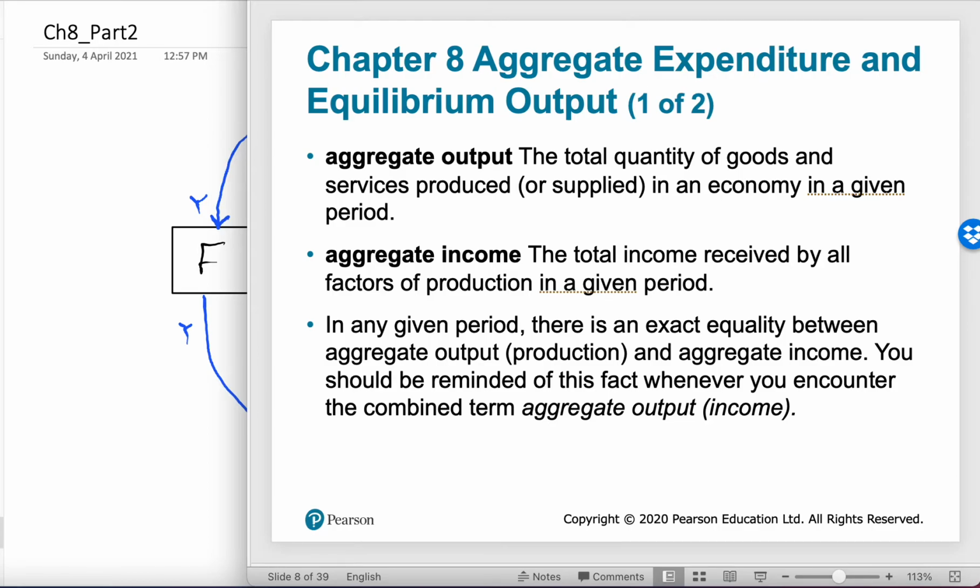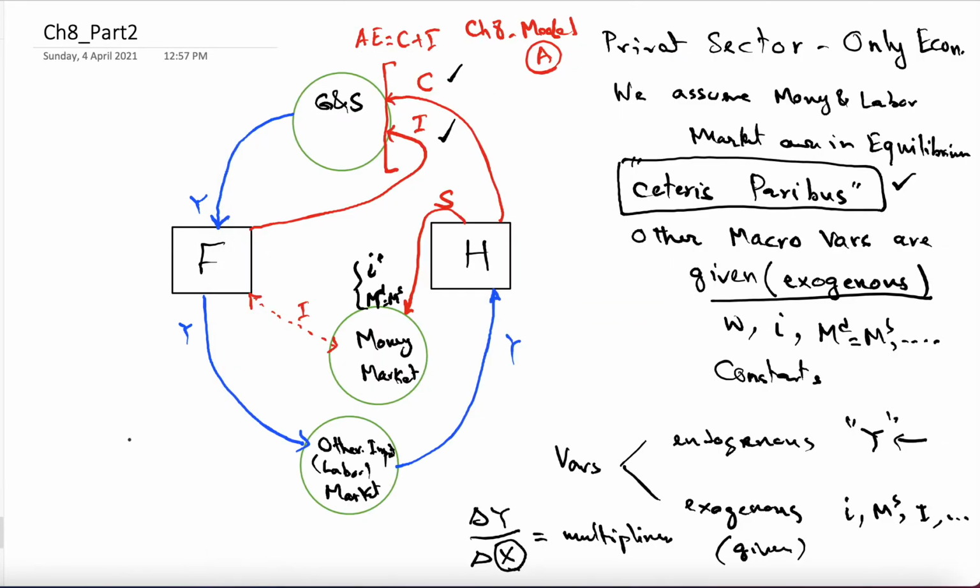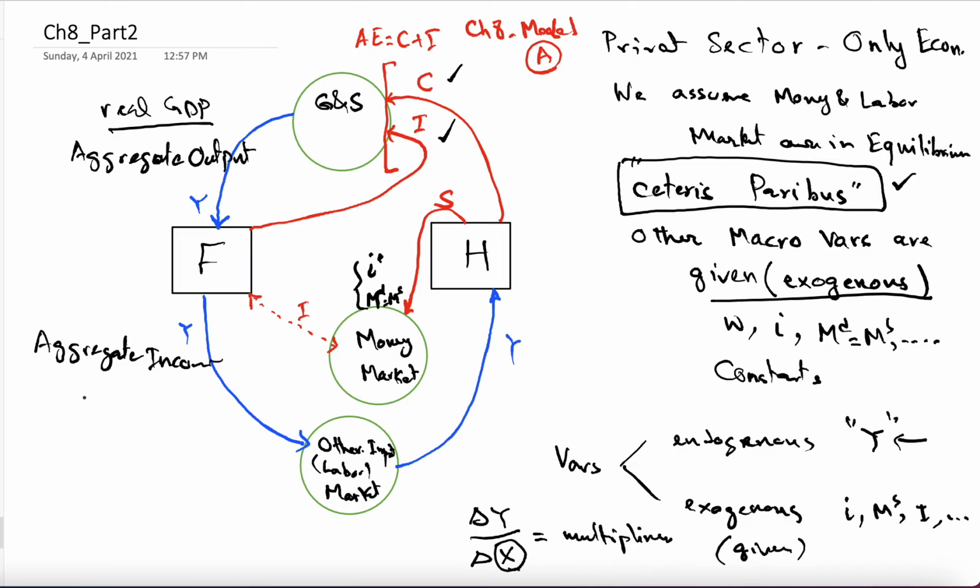So the variable which we are trying to explain its changes is, number one, aggregate output, or real GDP, is going to be equal to aggregate income, or national income, we call it, because there is no rest of the world, there is no government.